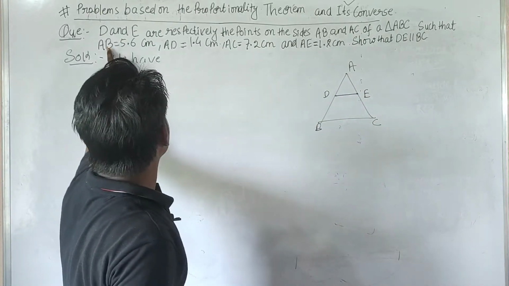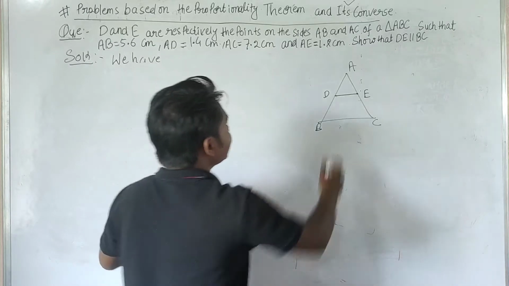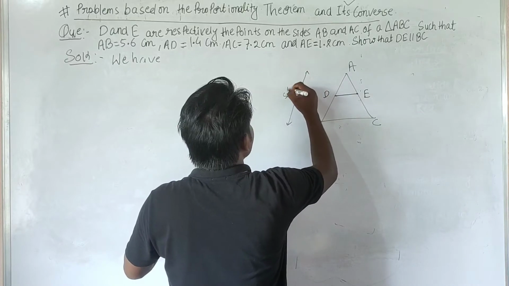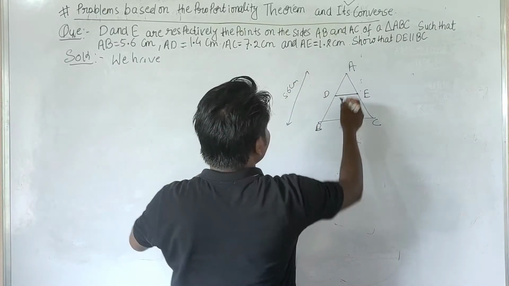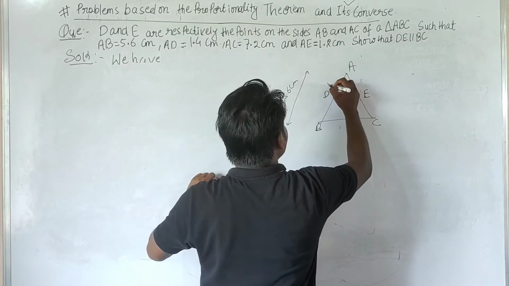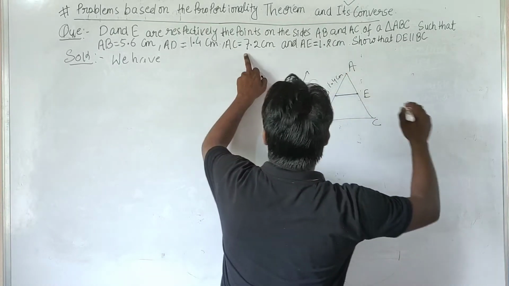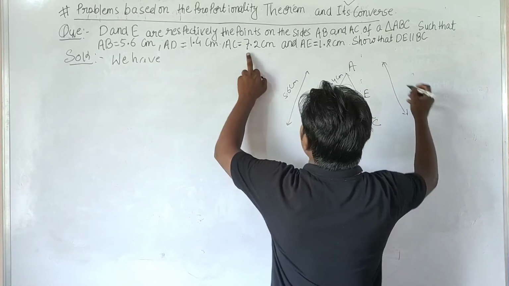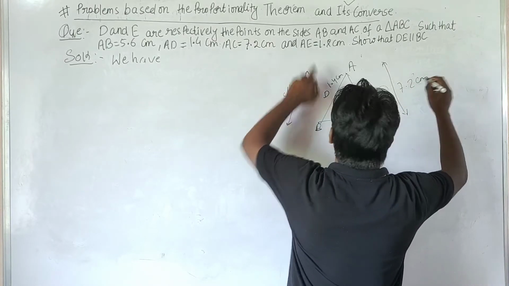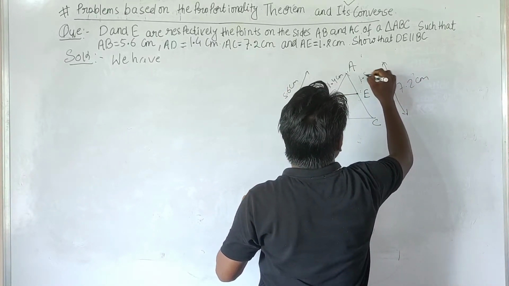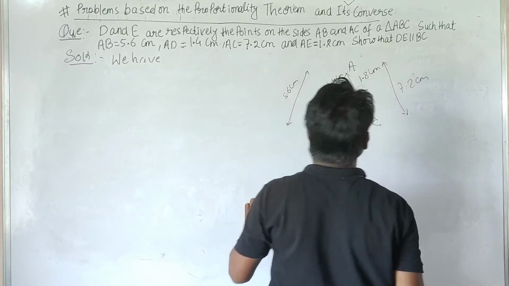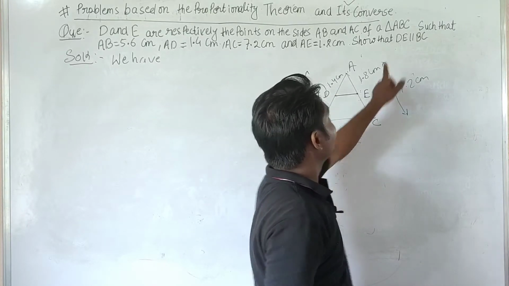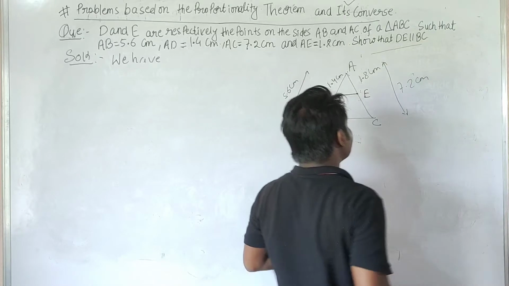Then AB is given, which is 5.6 centimeter, AD is 1.4 centimeter, AC is given as well, which is 7.2 centimeter, and AE is 1.8 centimeter. Then we have to show that DE is parallel to BC.